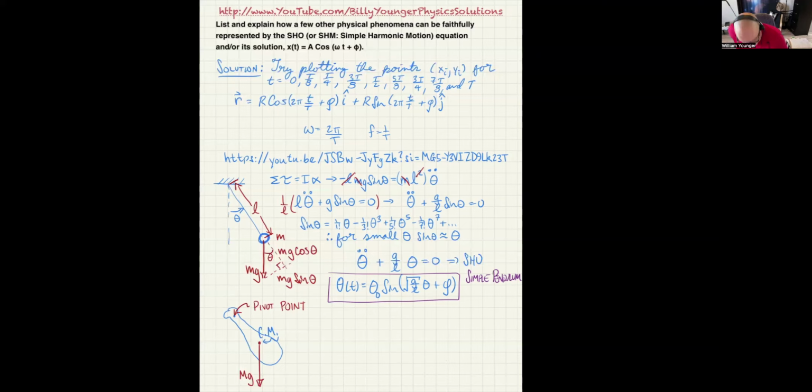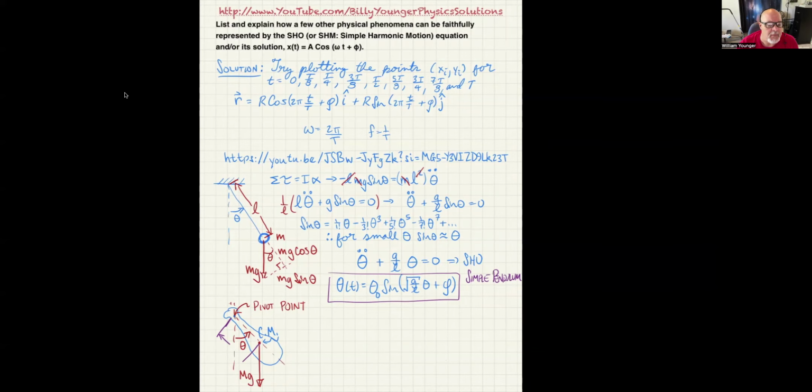So we again get another torque type problem, and we could imagine this as the angle theta, and we would say this length from the center of mass to the pivot point, we could call that just something simple like L or R or something along those lines.